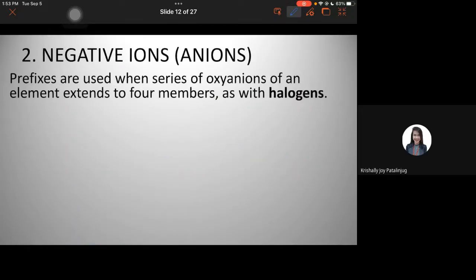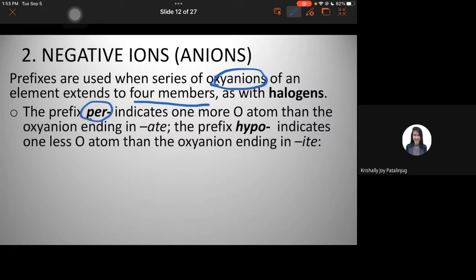Next, we also have oxyanions that could extend to four members. Okay, you will observe upon memorizing the ions, diba, we have prefixes like per, example, perchlorate. You also have prefixes hypo, example, hypochlorite, hypobromite, perbromate.